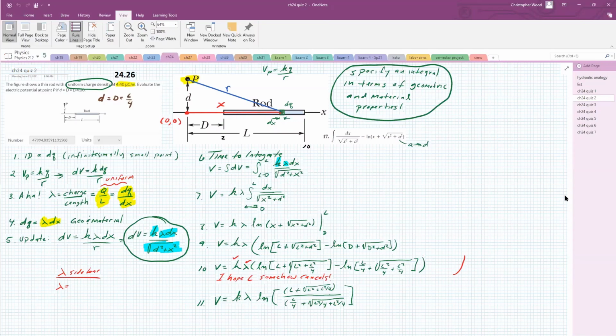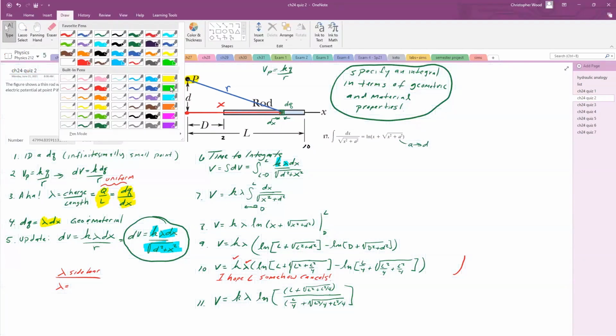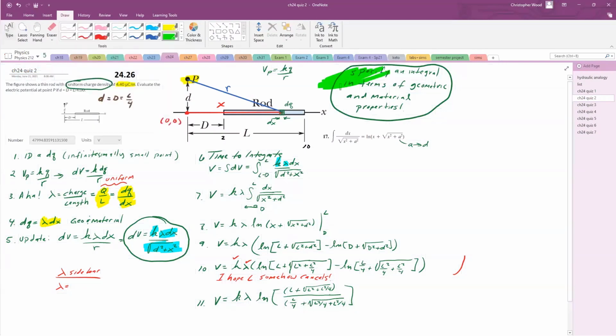This is the overarching strategy right here. This is basically what you did. You instantiated this approach. You set up an integral in terms of its geometric and material properties and let her fly. This is a very common approach. You've seen this before, you'll see it again.